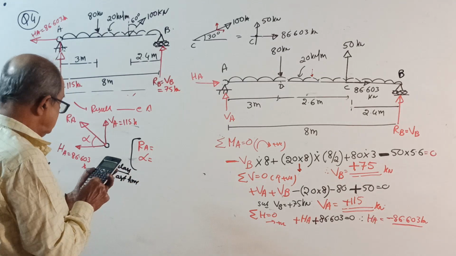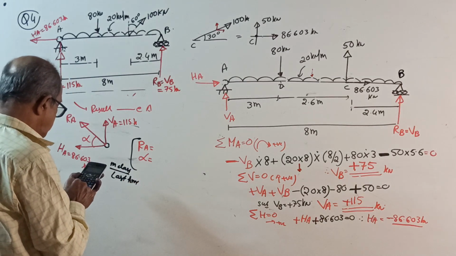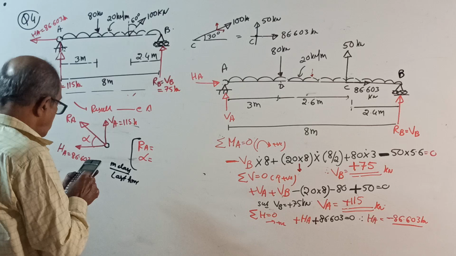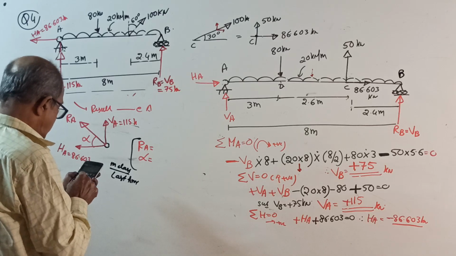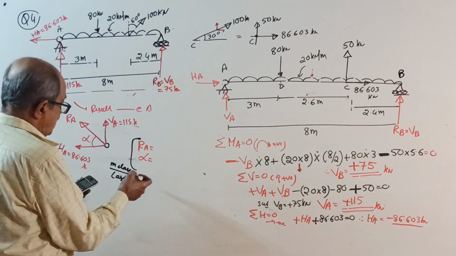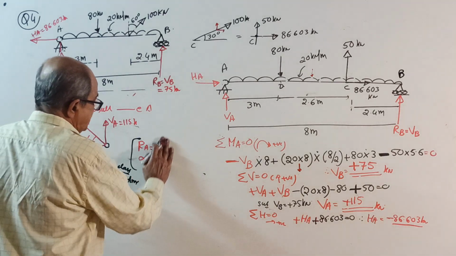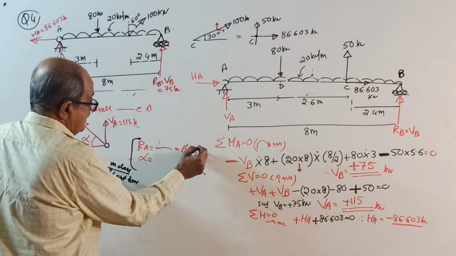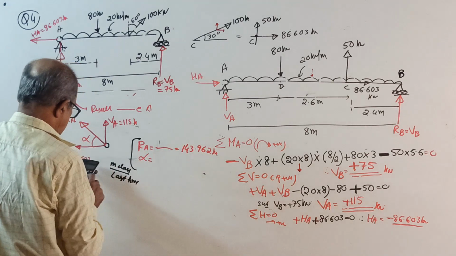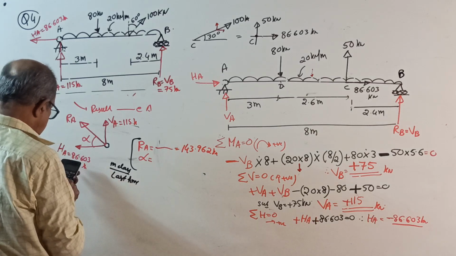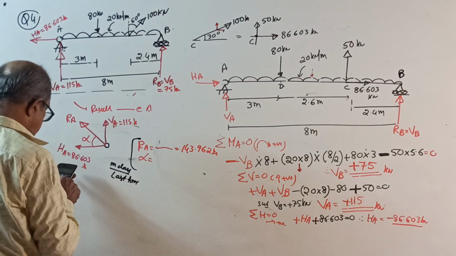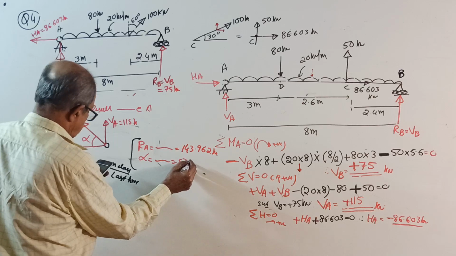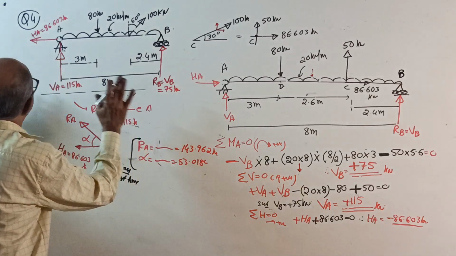You write all those things. 86.603 square, oh, calculator not on. 86.603 square plus 115 square, root, answer. Show the calculation, not this way, show the calculation. 143.962 kilonewton, and alpha is tan inverse of 115 divided by 86.603, show the calculation, 53.018 degrees.